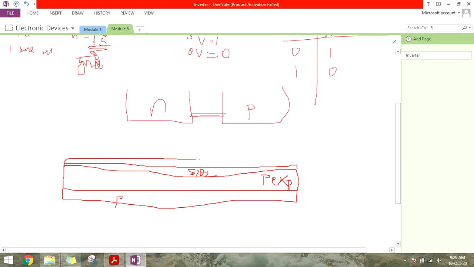So this is Si3N4, silicon nitride. Then we have the photoresist on the entire surface. So this is the photoresist.